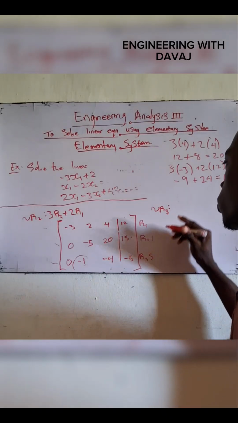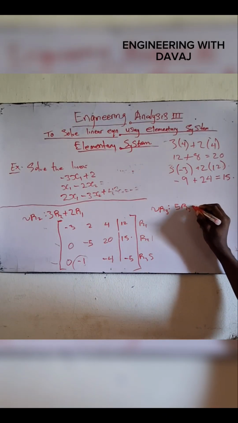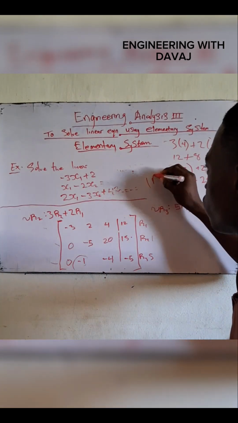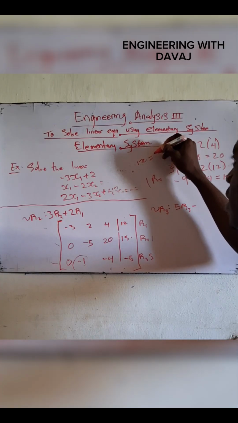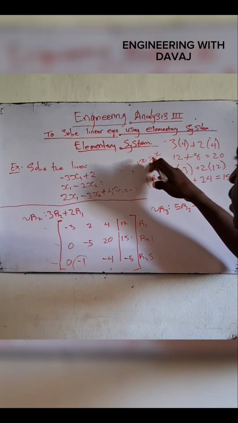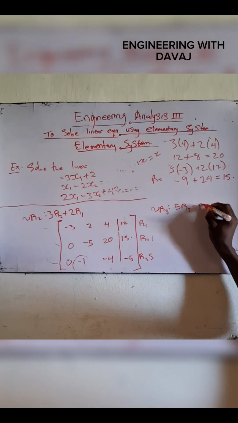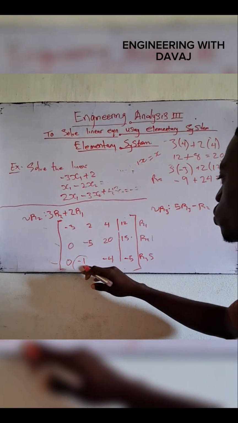So let's see if it's going to work. I'll just say 5 of row 3 minus row 2. It's not making sense for me to say 1 row 2. It's just similar to saying 1x, and 1x is equal to x. So there's an invisible 1 here. So I'll just say minus row 2. So let's check if this will work for me.